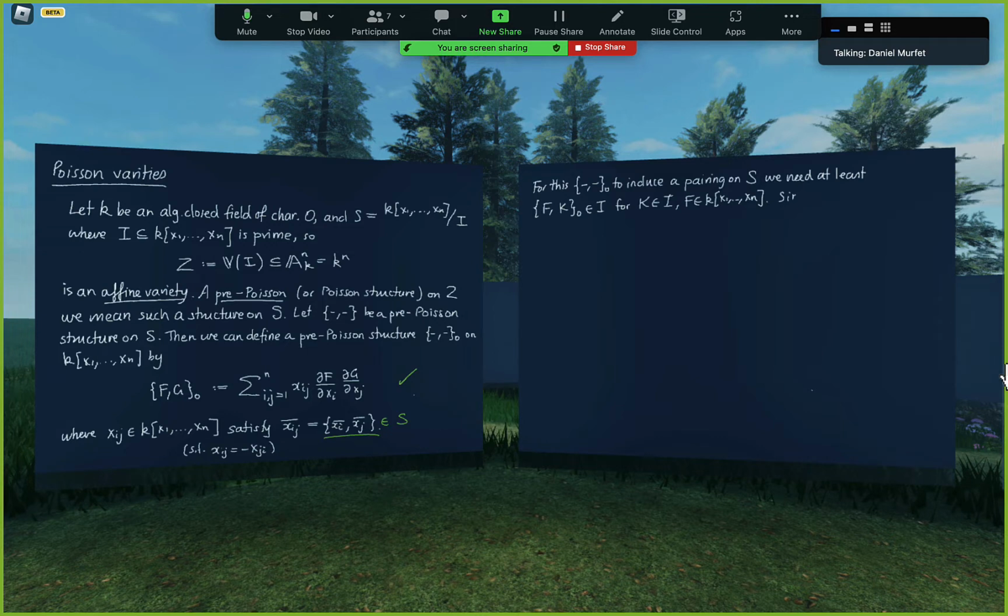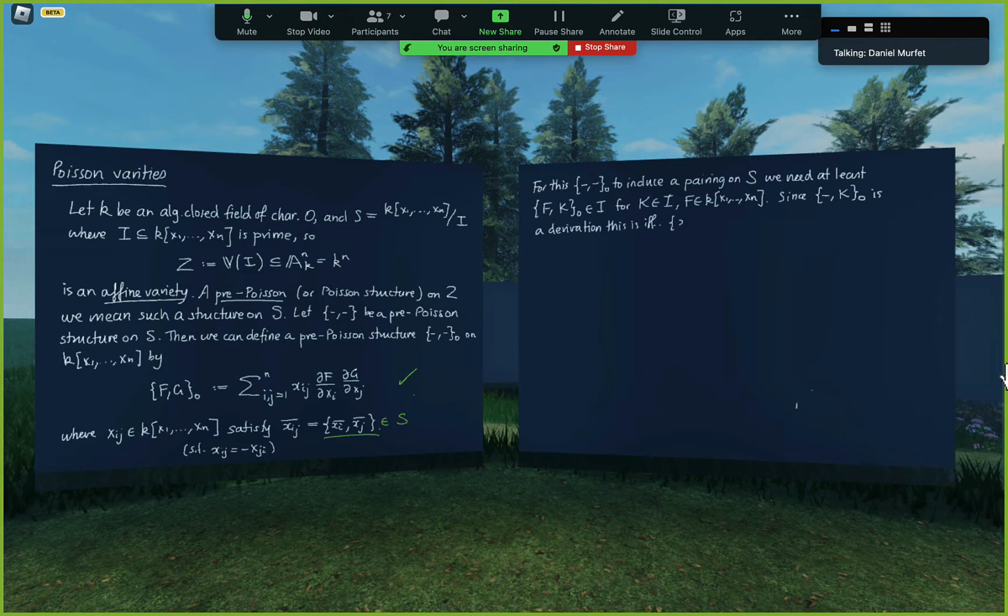Okay, and since that's a derivation, right, as soon as you see this as a derivation, you should look at F and think about it as made up of linear combinations of monomials, and just hitting all those monomials with the derivation and reducing this to a question about the variables themselves.